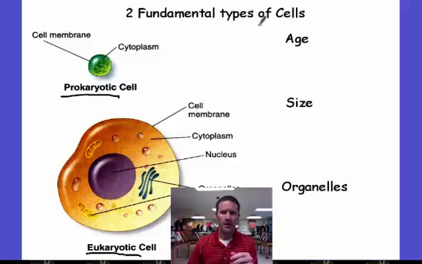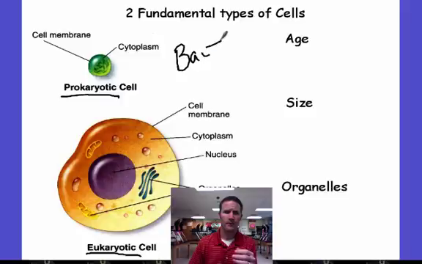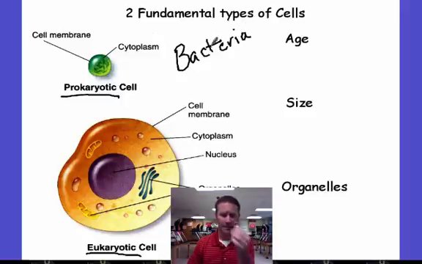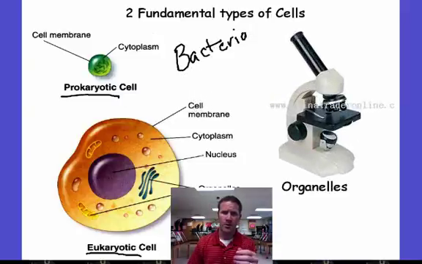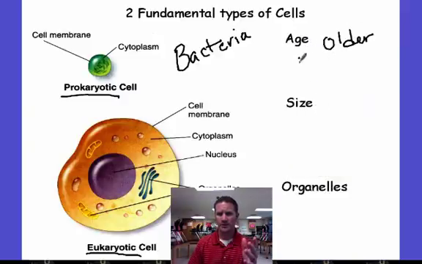First of all, in terms of their age, and age of discovery, I should say, the prokaryotes are much older. Prokaryotes really are bacteria. And in terms of Earth and things, bacteria have been around longer than animal cells and plant cells. So they're older, probably by about 1 billion years.